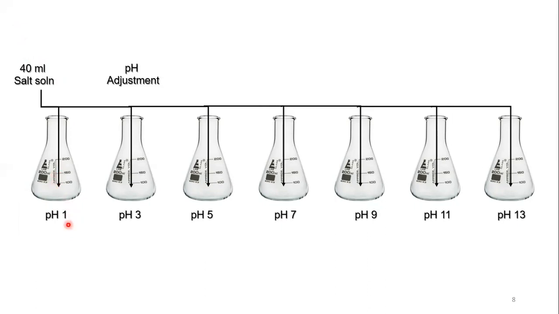How to adjust this to pH 1? If you remember, before this slide I told you that you also need a strong acid solution and a weak acid solution. Just add some strong acid solution and check its pH using a pH meter. When it is stable, check it again and try to adjust to pH 1.